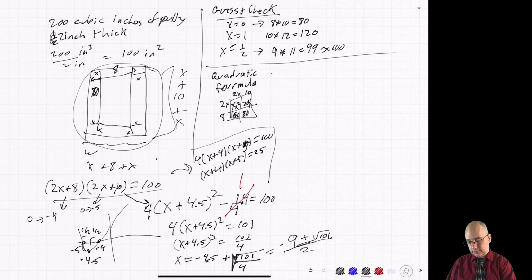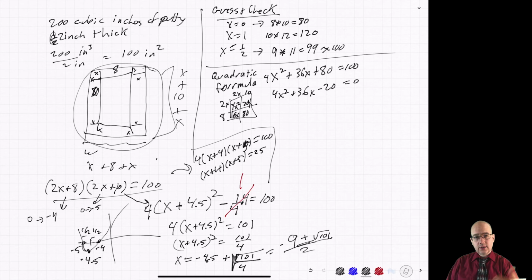So we have, this thing is 4x squared, plus 16 plus 20x is 36x, plus 80 equals 100. Subtract the 100 to the other side. Minus 20 equals 0.